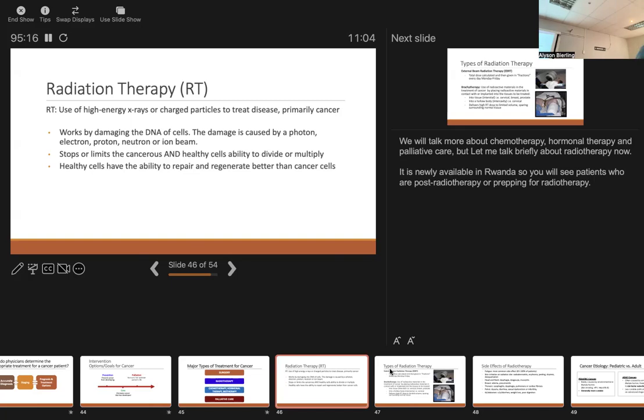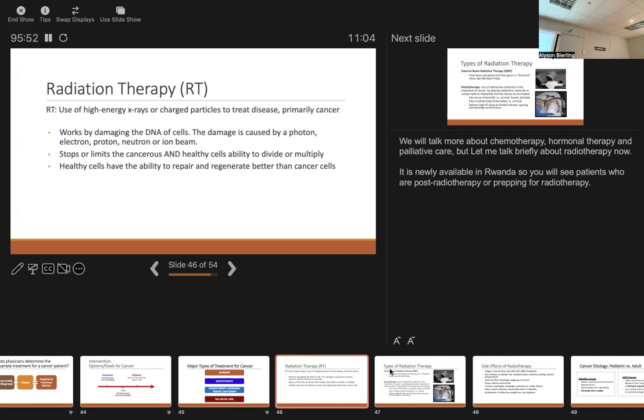And certain cancers respond better to radiation therapy. There are some types of cancers that we say are more radiosensitive. Okay, and then there are some cancers that are radio resistant. So even if we apply radiation therapy to those patients, it's not going to do anything to those cells. So osteosarcoma is an example of a radio resistant cancer.